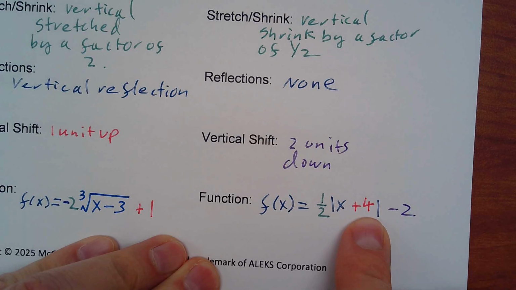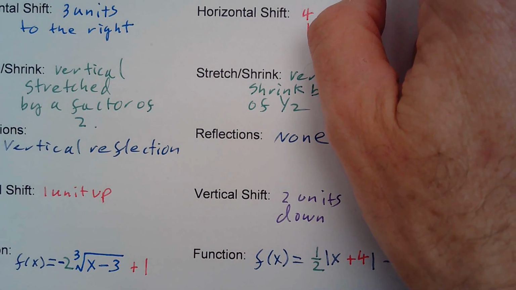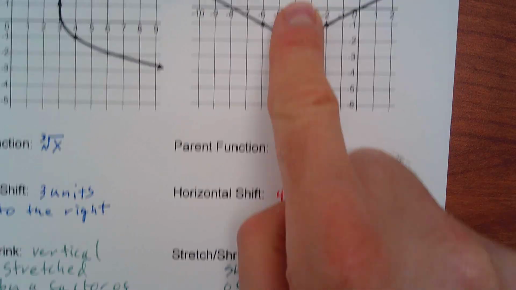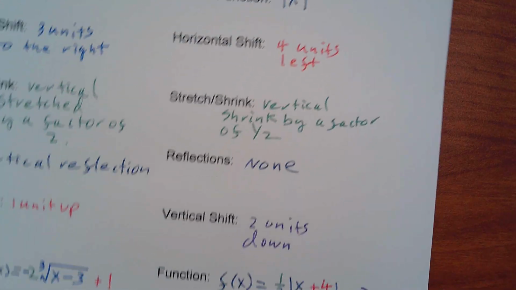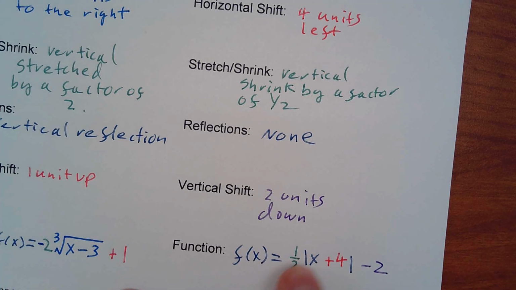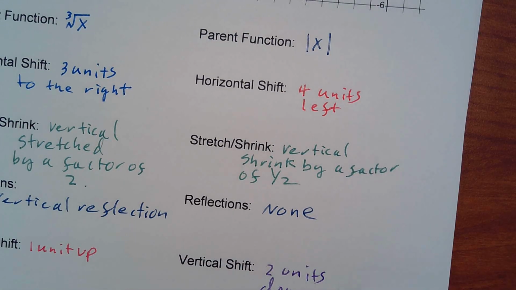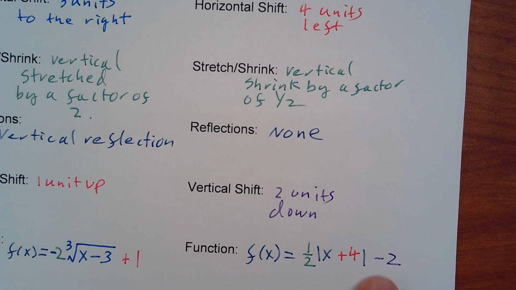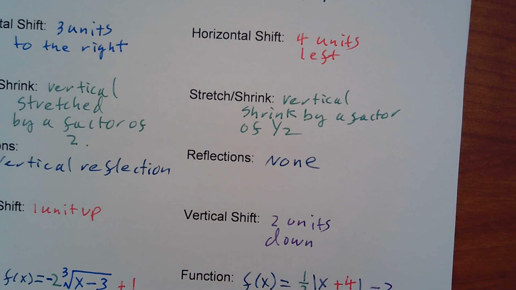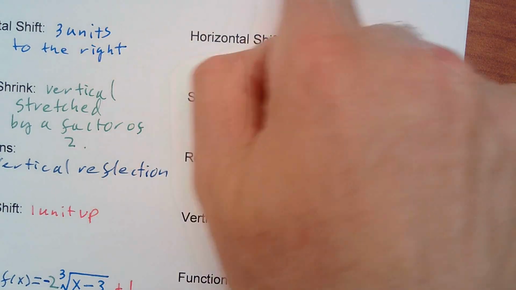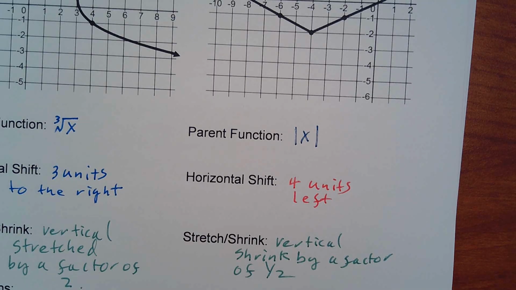Horizontal shift of 4. So I shift my absolute value to the left 4 units. I can compress it by factor 1/2, squeeze it down, and then I'm going to shift it down 2. Apply your transformations to your equation. Make sure it matches what your graph is here that you have up here. It's the way you can double check it.